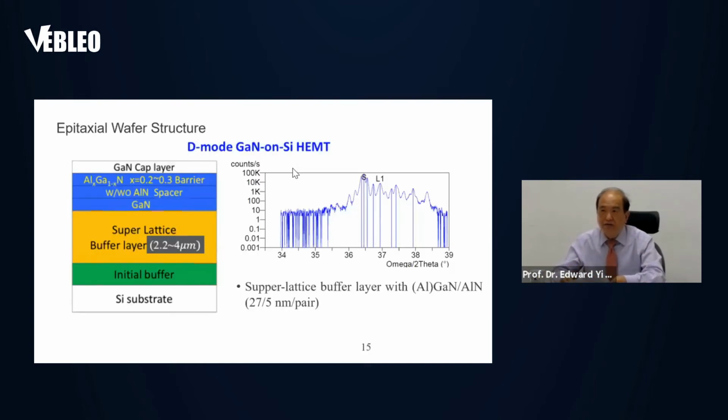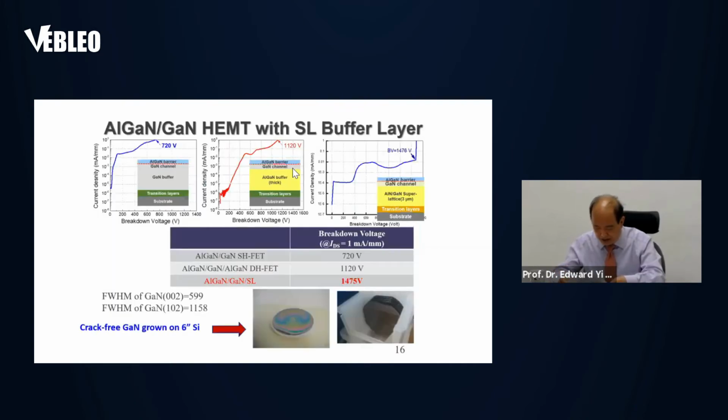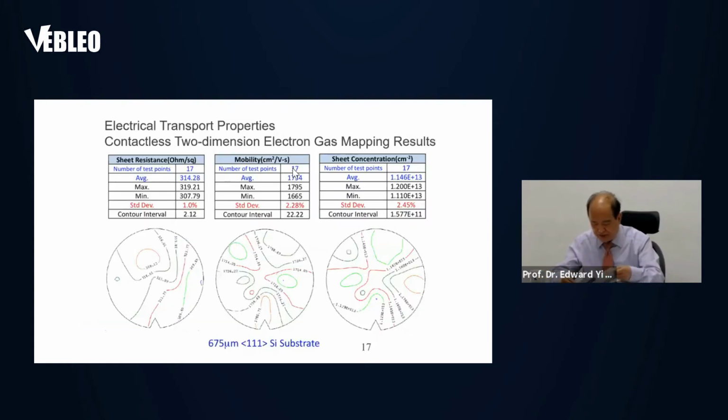And this is a typical demo. We have the initial buffer layer and superlattice and AlGaN and GaN, and on top of that we have a GaN cap. This gives you very good performance. You can see in this device we use AlGaN and superlattice, and we can grow on 6-inch without cracking, and the superlattice gives close to a 1500 volt device performance.